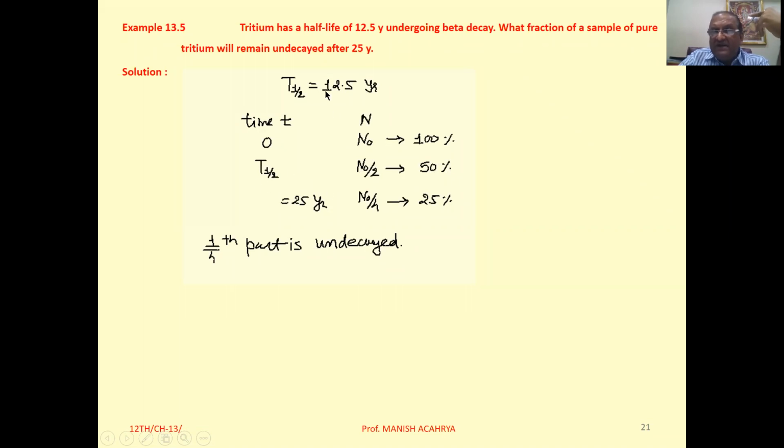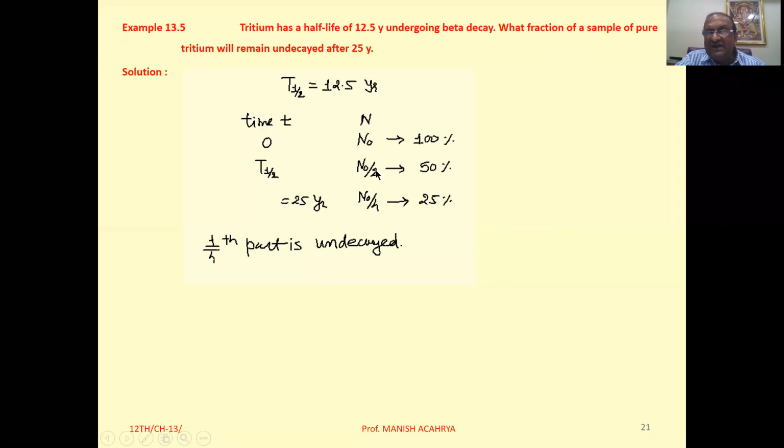Now half-life is 12.5 years. So again, if we take another half-life time, 2 T1 by 2, the total time interval becomes 25 years, 12.5 plus 12.5. Now again the number of undecayed nuclei becomes half of the previous one, that is N0 by 4.